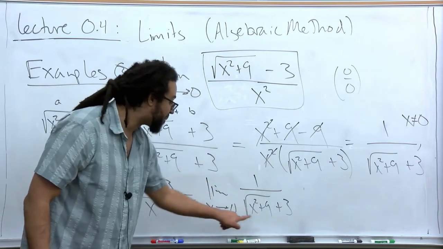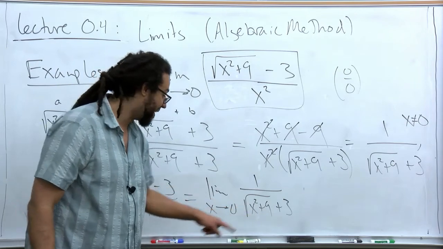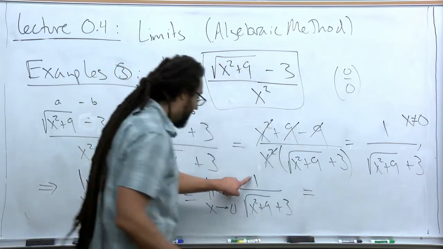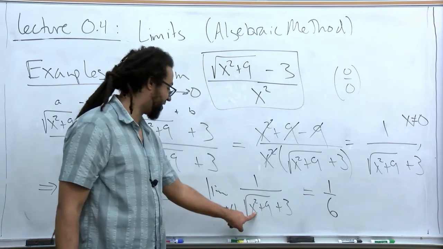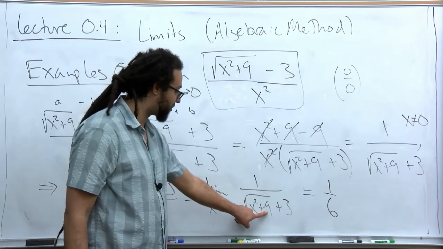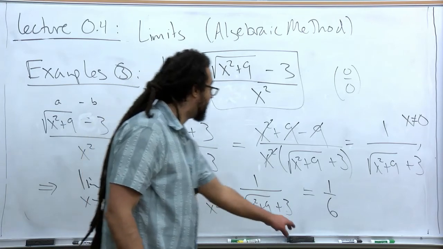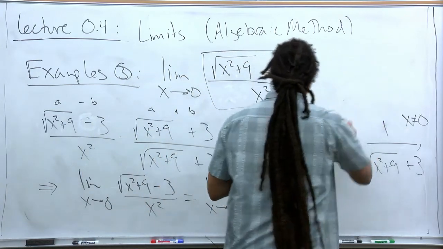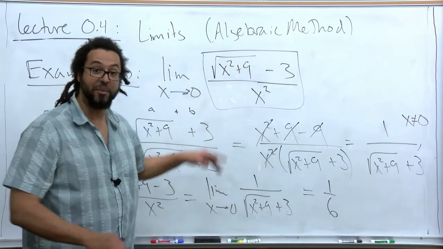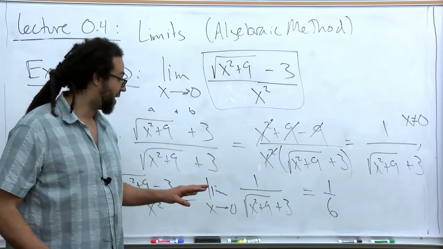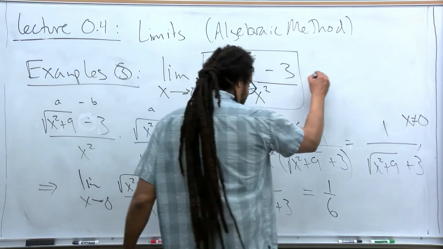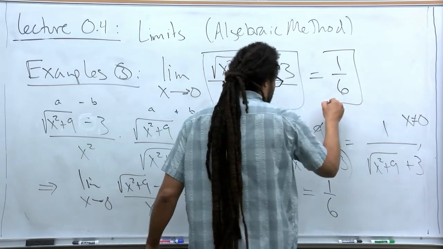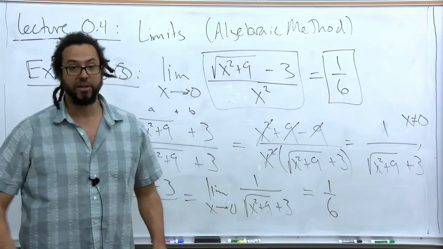So now I can plug in a 0 everywhere I see an x. And when I do, I just get 1 over 6. Right? Plug in a 0 where you see an x, a square root of 9 is 3, 3 plus 3 is 6. So at the end of the day, a good final answer for this limit using that fundamental limit law together with the other basic limit laws, I just get that this thing is equal to 1 over 6. That would be a good final answer.